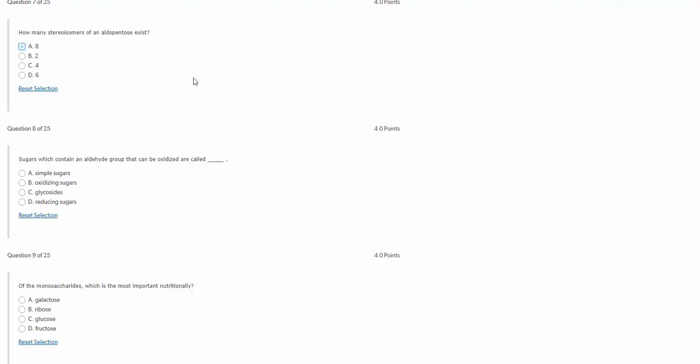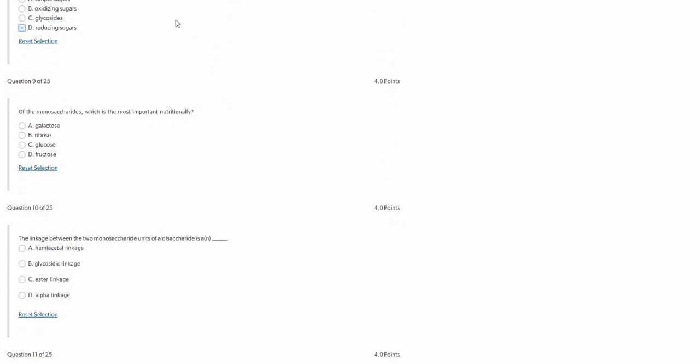Number 8, sugars which contain an aldehyde group that can be oxidized are called reducing sugars, and we show that with a reagent called Benedict's reagent. Number 9, of the monosaccharides, which is the most important nutritionally, that's going to be glucose.